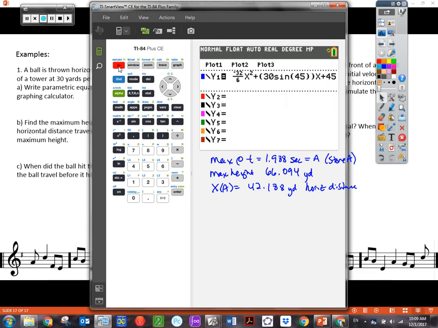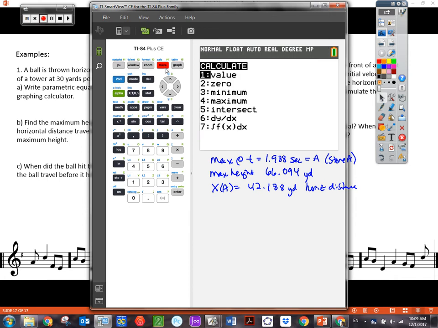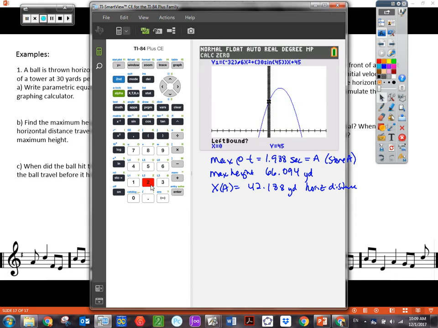All right, so we have our graph. And we want to find this location right here. We need to know when that happened, because if we know when that happened, then we can know how far that was horizontally, right? So I need to do my zero finder. So second calc, we're going to do number 2 for our zeros.